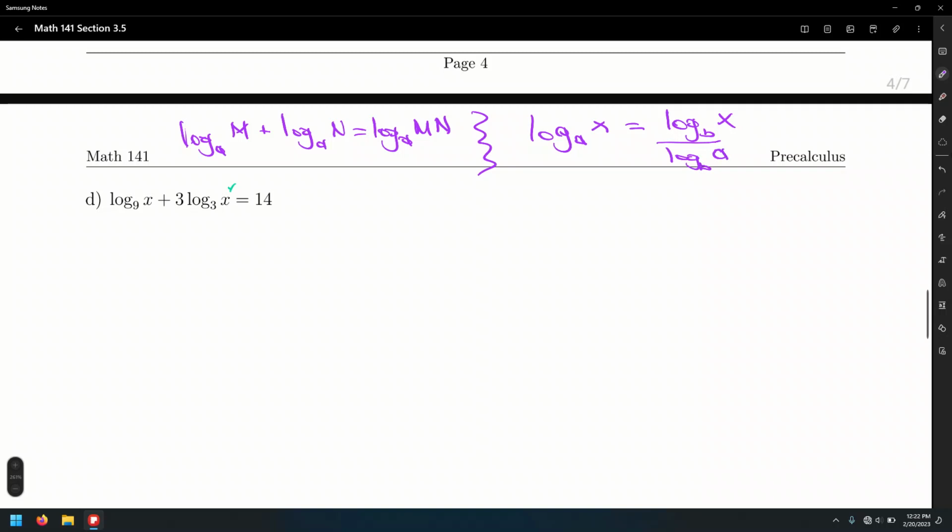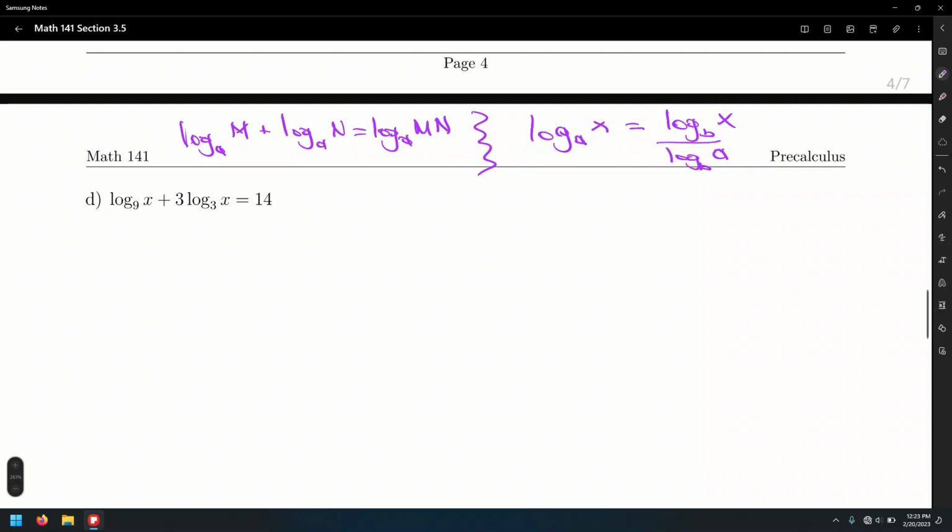So we can use the previous property here, which in this case is going to be the addition to product. You'll see how that's going to work. Well, we could go about changing both to ln's.